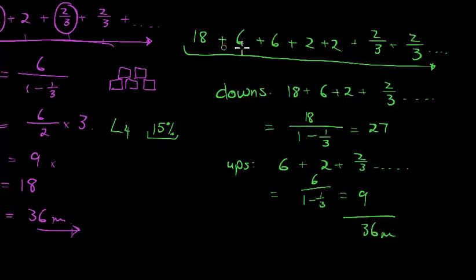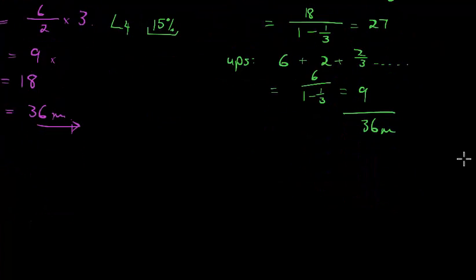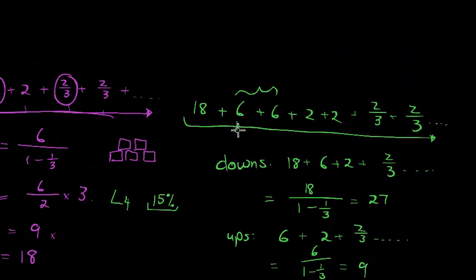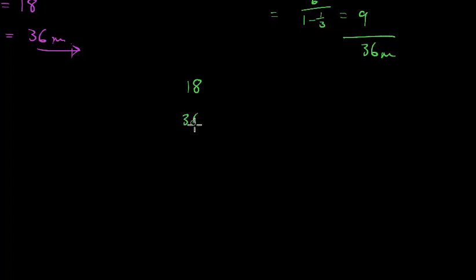Another way you could have done it is just adding them together, like these ones. We get 18, but because we're adding up 2 by 2s and the first one doesn't have a friend, let's just give him a friend, and in the end we'll subtract it. So this is 36, plus 6 and 6 is 12, plus 2 and 2 is 4, plus 2 over 3 plus 2 over 3 is 4 over 3. Is this geometric?